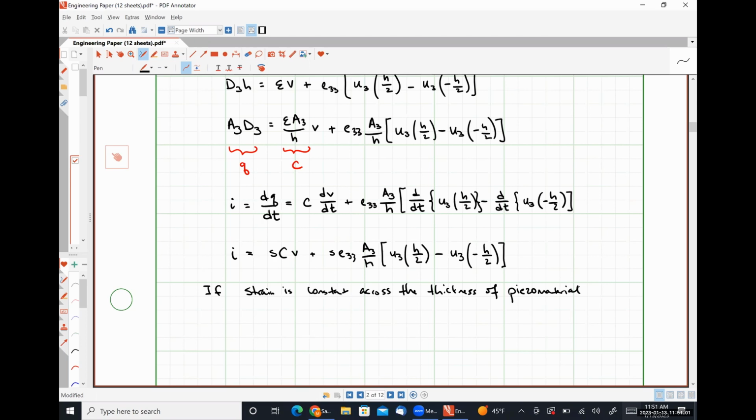So the amount of the change, and since we have the change in H divided by H, that is the strain in the 3 direction.